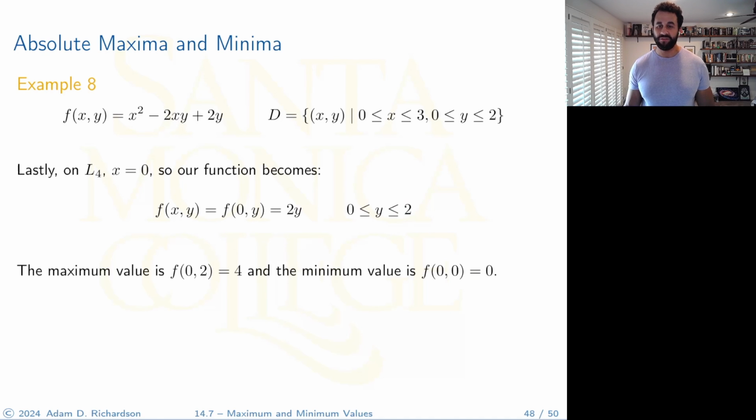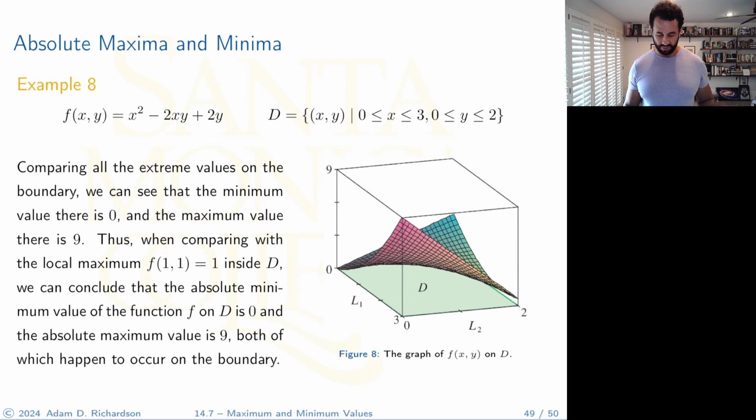Okay, now we've found all the possible candidates for the absolute maximum and minimum. Comparing all of these extreme values on the boundary, the minimum value on the boundary is 0, and the maximum value on the boundary is 9. Then compare that to the value at the point we found inside.